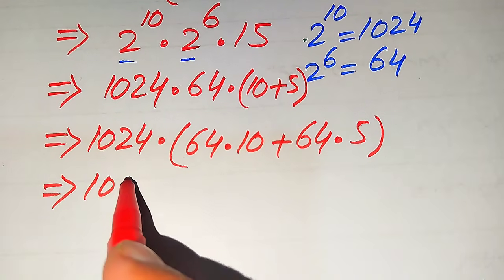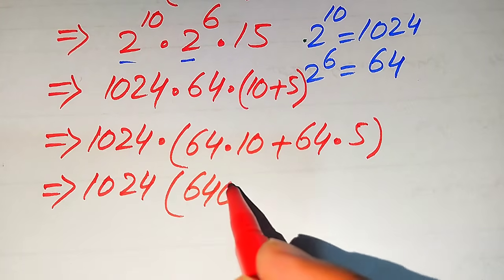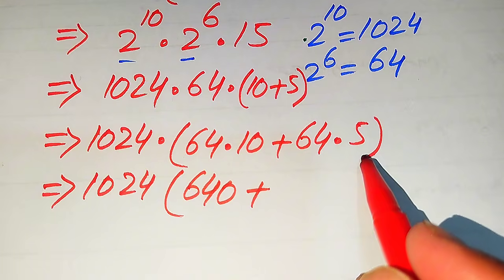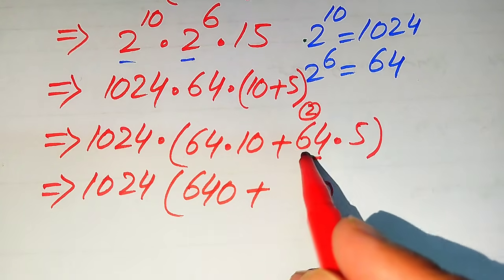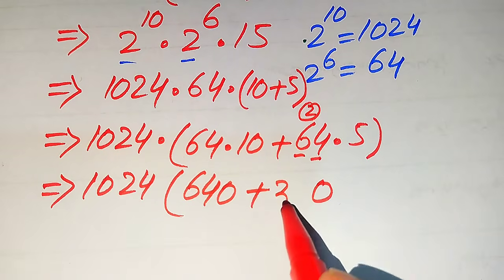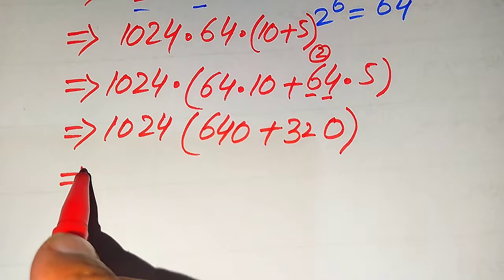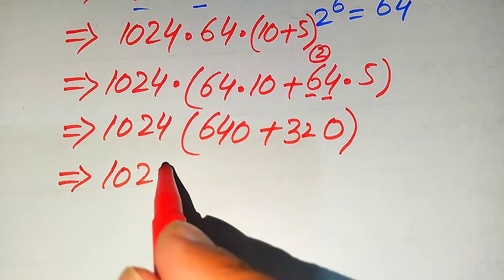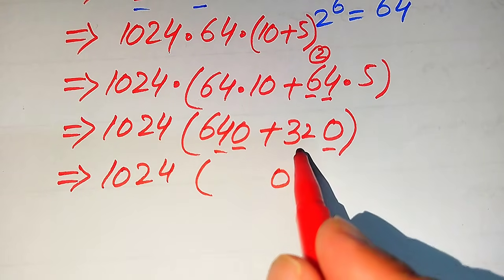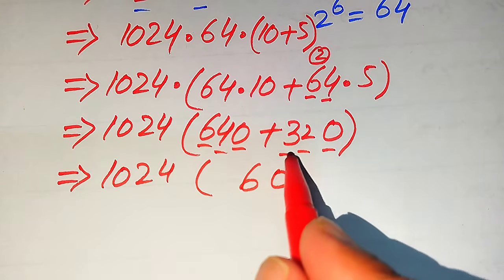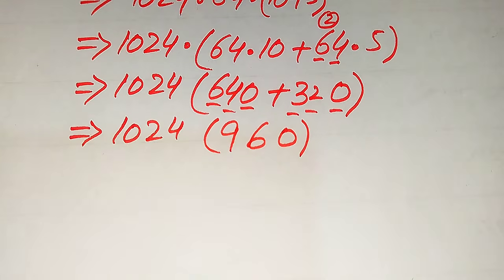Further, in the next step we have 1024 into 64 times 10, which becomes 640, plus 64 times 5: 5 fours are 20, we write 0 and carry 2, 5 sixes are 30, 30 plus 2 becomes 32. Now we add these two values: 0 plus 0 becomes 0, 4 plus 2 becomes 6, 6 plus 3 becomes 9. So this becomes 960.